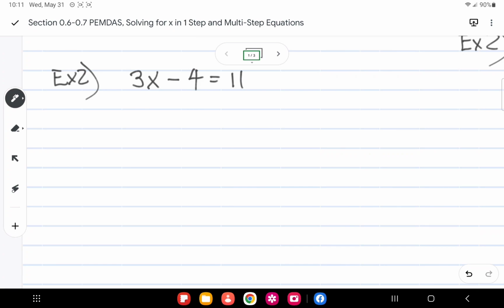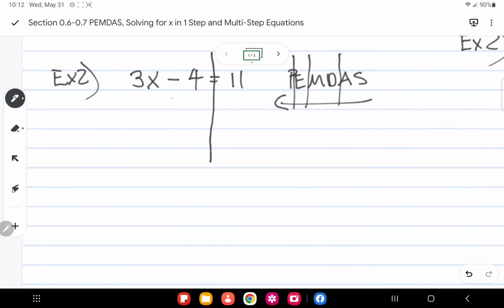And if it helps you, I recommend writing PEMDAS next to it, so that way you know the operations. So remember, you're always going from the right to the left in terms of solving equations. Now, do we have S, subtraction? Yes, we do. And what is the opposite of S? Addition. So right here, whatever is being subtracted, we need to add that.